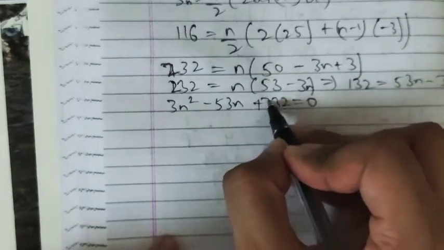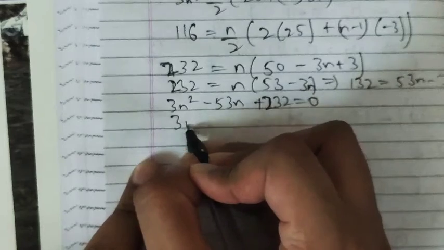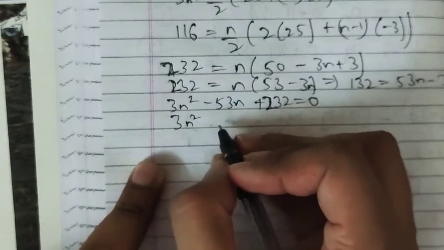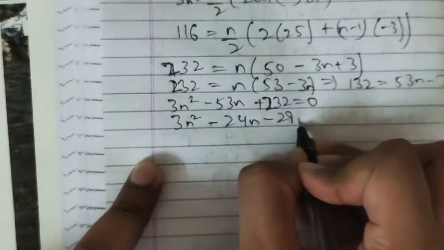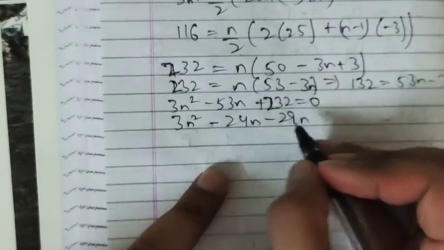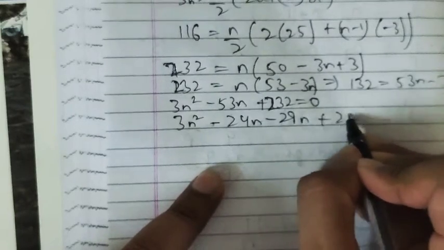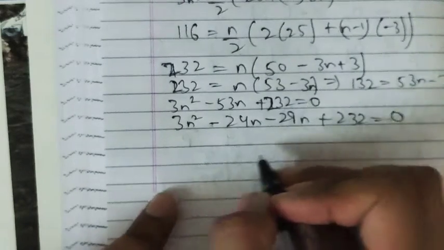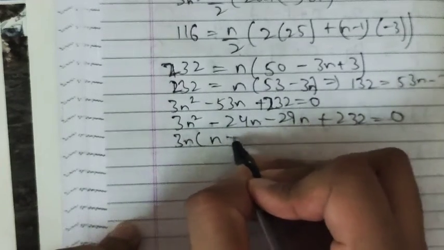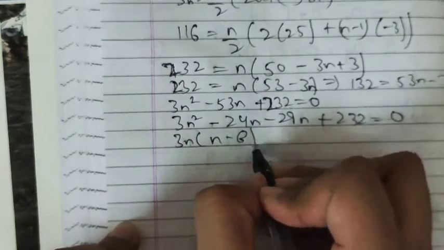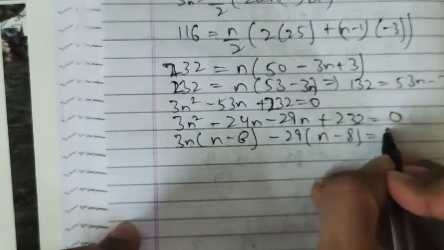Now we can break this using middle term splitting. So 3n square can be broken down, minus 24n minus 29n. So 24 plus 29 is 53 and 24 multiplied by 29 is 696, hence 3 times 232, plus 232 is equal to 0. Now taking 3n common, we have n minus 8, minus 29 common, n minus 8 is equal to 0.